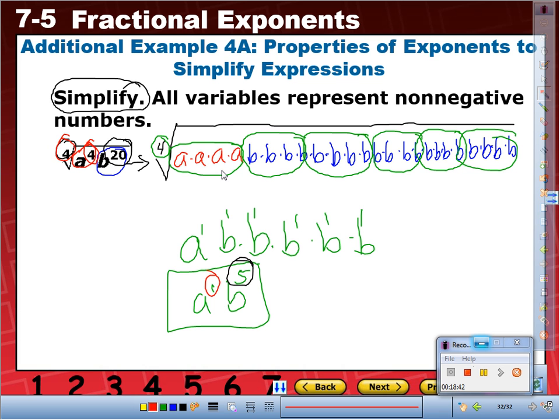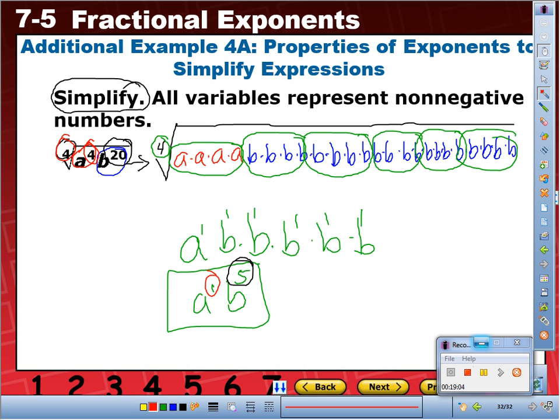In order to avoid doing all that, pretty much to simplify, we said what? We divide the exponent by the index. Are we there? Pretty simple?